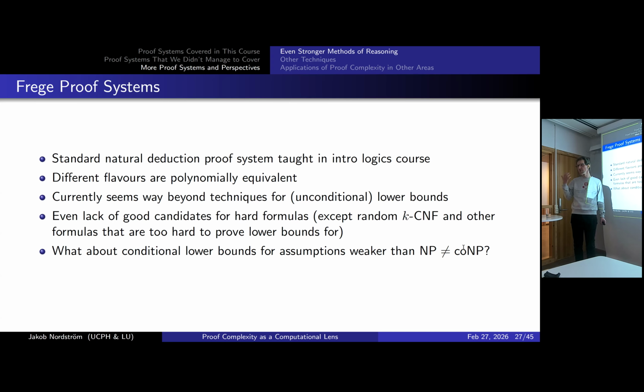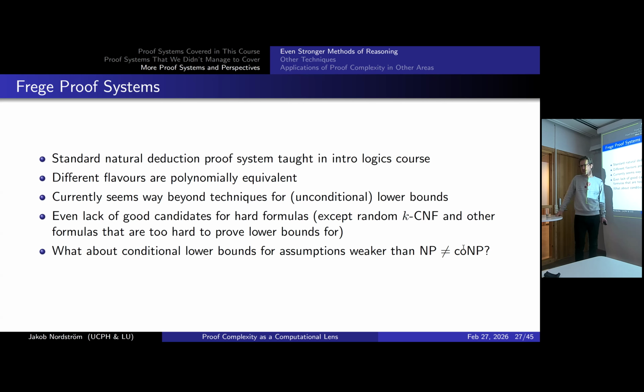And you can ask if you can do this also for stronger proof systems. Basically, can you make some assumption that is interesting and then prove Frege lower bounds based on this assumption? Ideally, this should be an interesting assumption. It should not be the assumption NP distinct from co-NP in disguise.